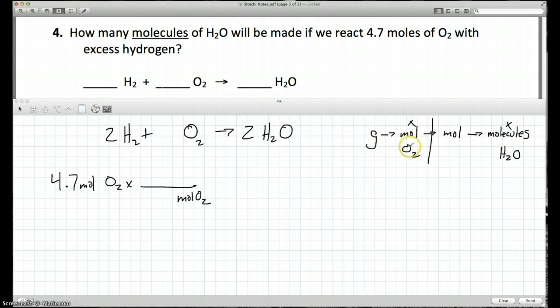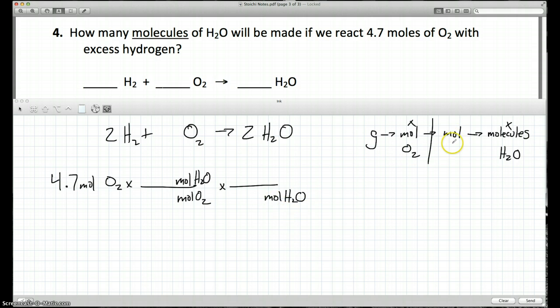Moles of O2. The next stop on our map is moles of the other chemical, which is in this case H2O. So moles H2O times blank line again, because we've got another step to do. Top unit always on the bottom.